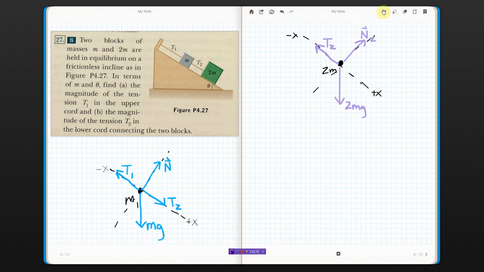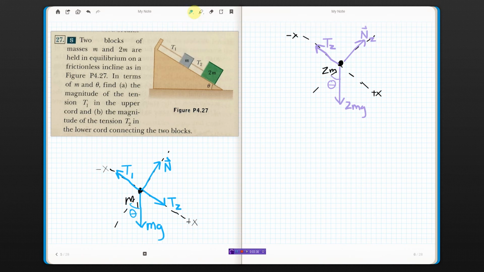Last thing I need to show is where the angle is on these diagrams. If the angle the ramp makes with the horizontal is theta, then theta is the angle that gravity makes with the y-axis, right here.